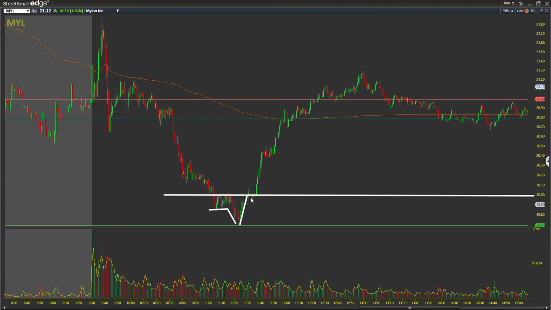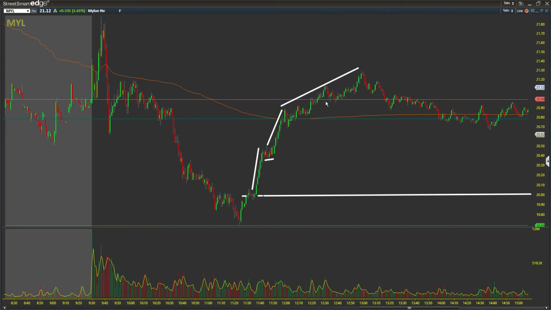You see how it went sideways also right here at that $20, and then from that $20 runs up to $20.50, consolidated, and then ran all the way up to $21 and then grinded all the way up to $21.50. Nice move on MYL yesterday.